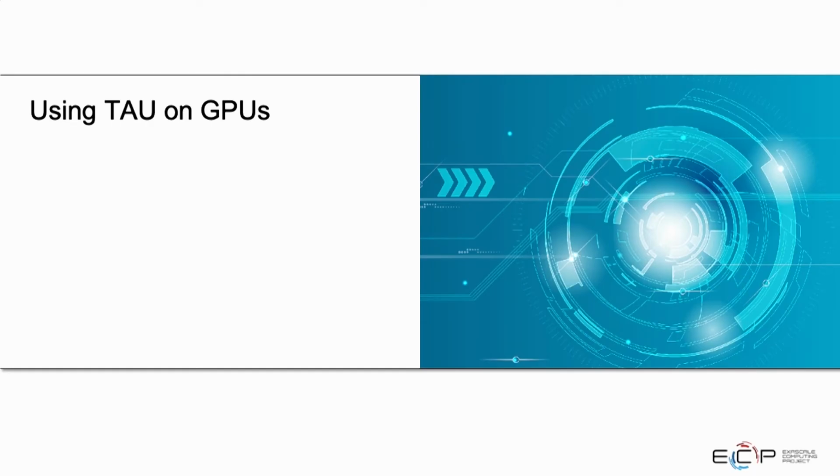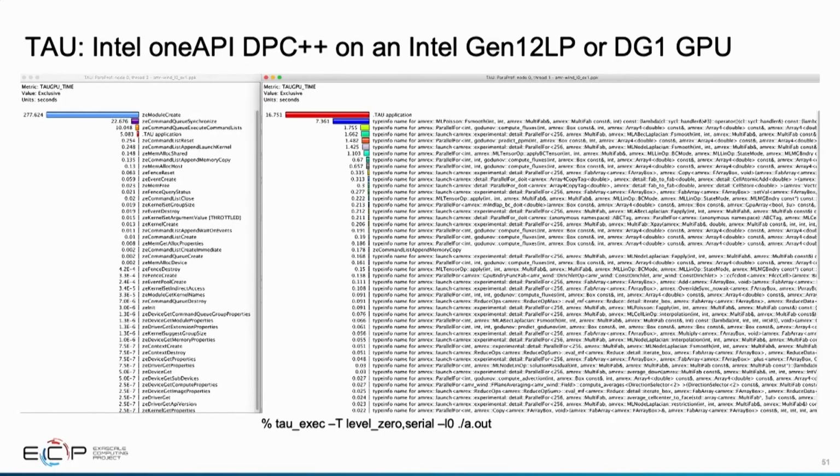And then let me just cover what we can do with GPUs. Now I know you are all interested in trying out Intel Dev Cloud, and they have various generations of Intel GPUs. We can use Level Zero to take an unmodified binary and then launch it with TAU, and you can see all the kernel names and how much time was spent in each kernel.